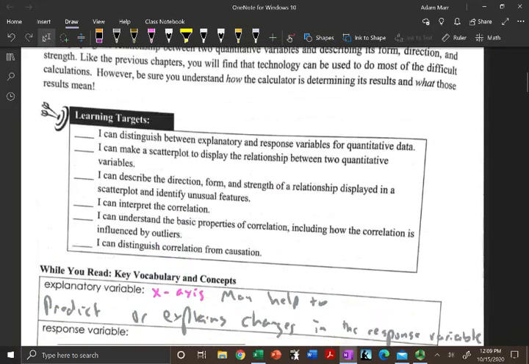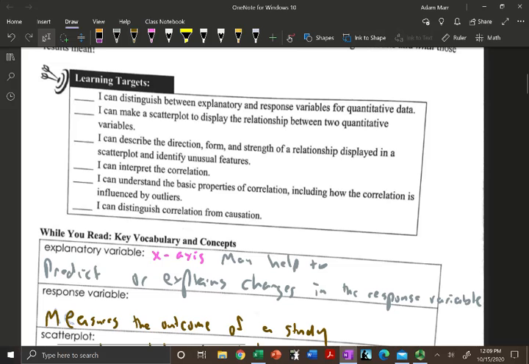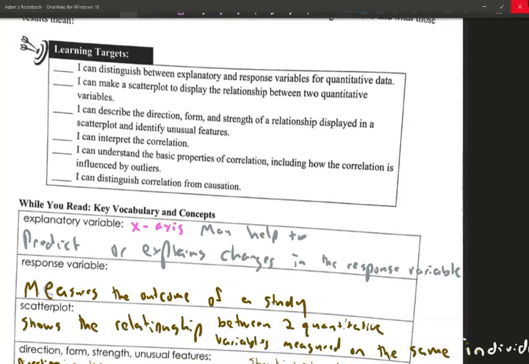All right, so an explanatory variable is presented normally on the x, or horizontal, axis. An explanatory variable may help to predict or express changes in the response variable. They gave an example in the book about the length of your hand span and the number of candies that you would grab out of a jar. They're trying to see if it matters how wide your hand span is and how many candies you can grab from a jar.